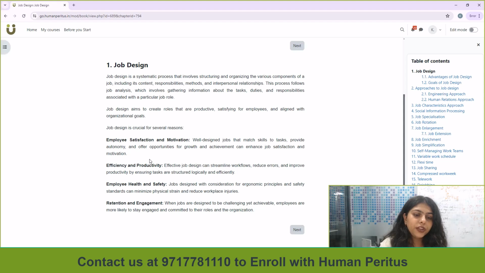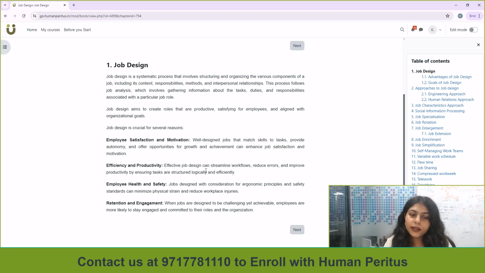Then we have efficiency and productivity. Job design is not only about employees, it is also about the company. You take work and streamline it in a way that optimal results for the organization are also achieved.